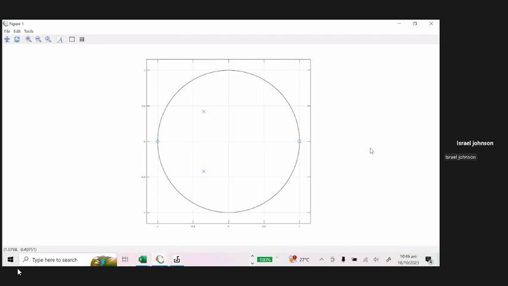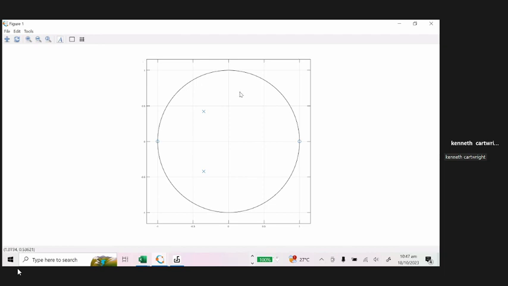We got 2 poles, so we got 2 zeros for this transfer function. And we got 2 poles, those are the x's. And these poles are complex conjugates because the horizontal axis is the real part, the vertical axis is the imaginary part.